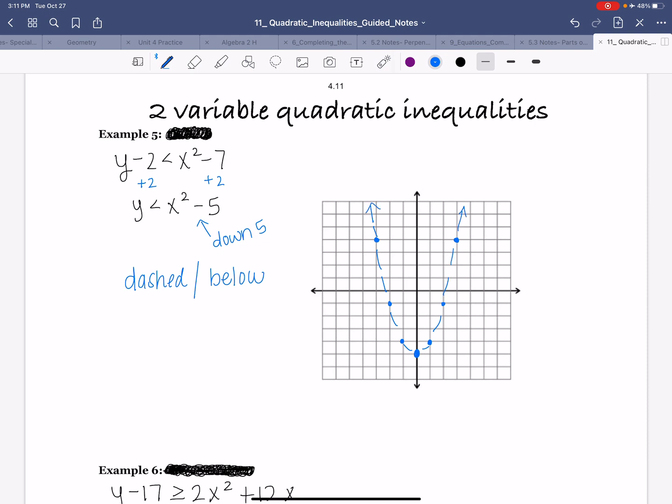Okay, arrows on both ends, it does continue. And then we're going to shade below the parabola. So that's all of this. Okay, and that's how you would do that quadratic inequality. So anything in this shaded or highlighted region, any of those points would be a solution to this inequality.